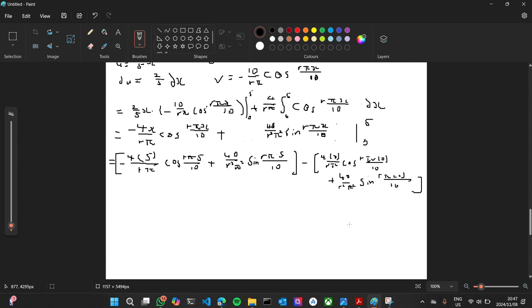So this whole bracket here is just going to be 0, because 4 times 0 is 0. That's going to cancel all of this out. Sine of 0 is 0. That also cancels that out.